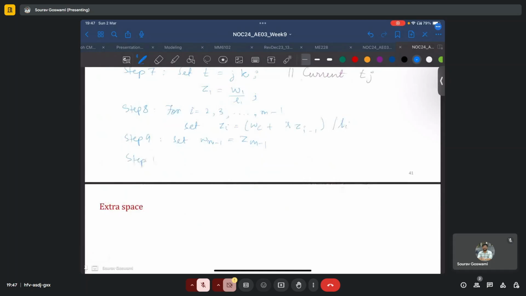Step 10, for i equals m − 2, m − 3 till 1, set w_i equals z_i minus U_i w_(i+1).